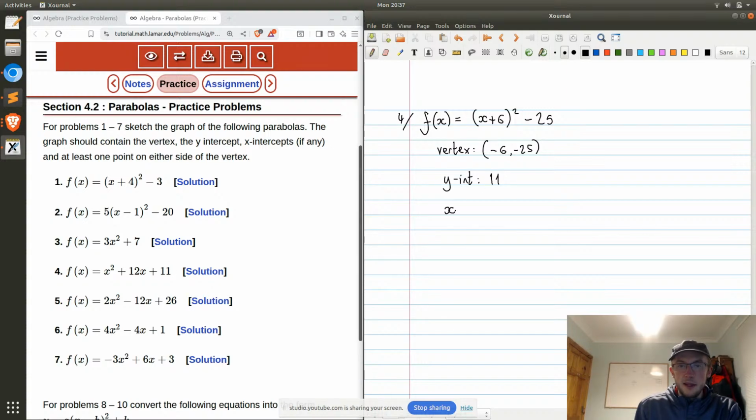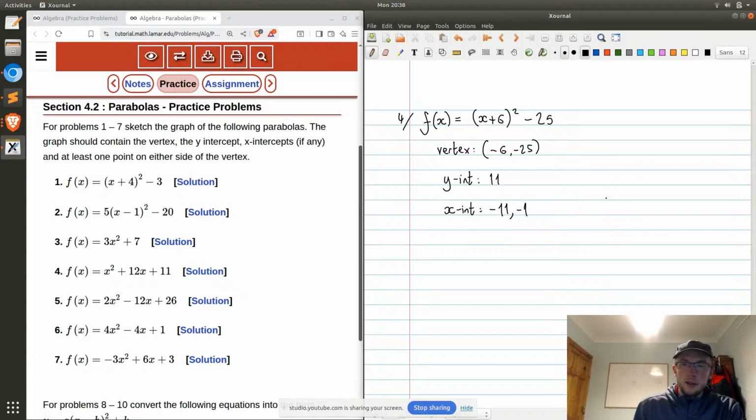And then the x-intercepts, or the roots. Well, we visualize this as being set equal to 0. So move the 25 to the other side, take the square root, so that's plus or minus 5, and then subtract 6. So negative 6 plus or minus 5.